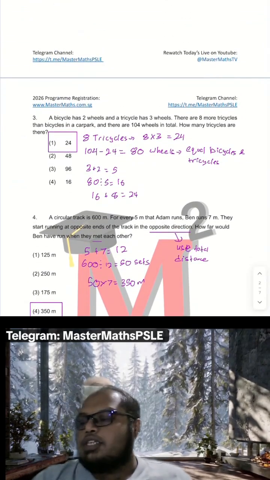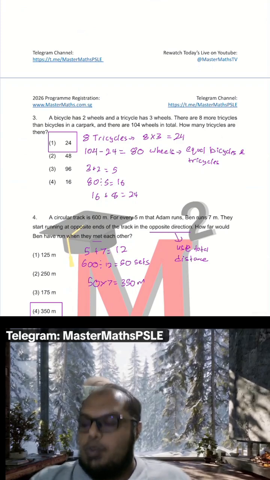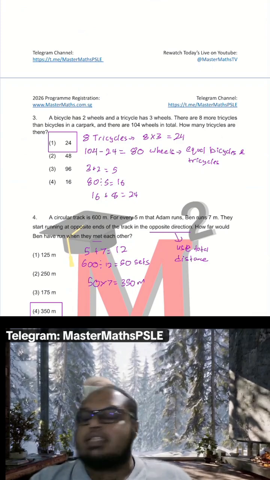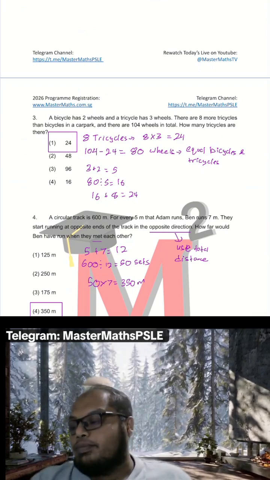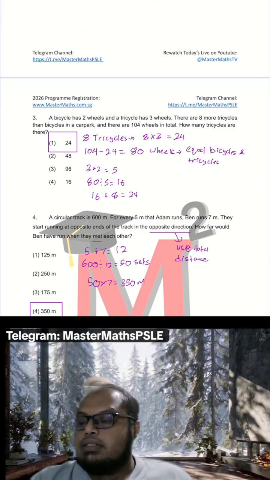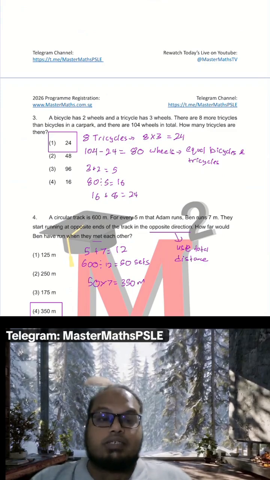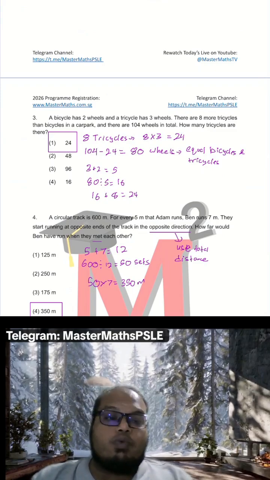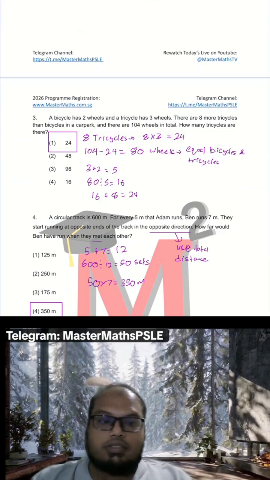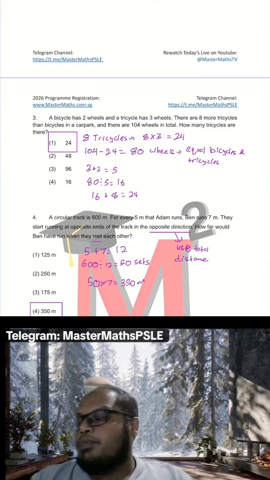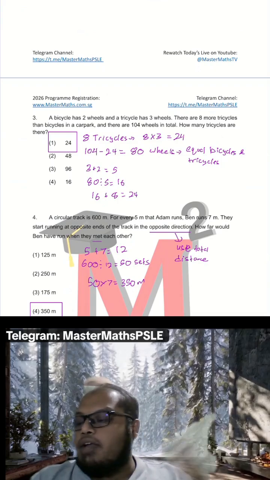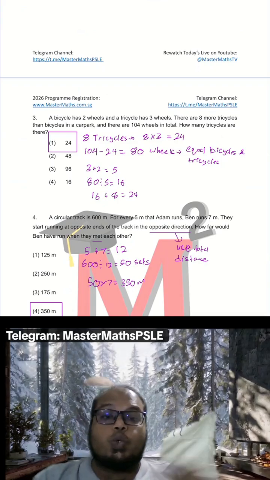Now we go to question 3. This one is about 2 wheels and 3 wheels, and there are 8 more tricycles than bicycles in the car park. So like I said just now, here there are 8 more tricycles, so I must remove the 8 tricycles. So I subtract, 104 minus 24 equals 80.